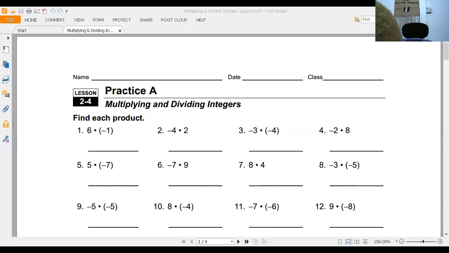Okay, so it is practice A. I want someone to confirm all I'm having on my screen now. We are also seeing practice A. I want to make sure that you are all seeing it.